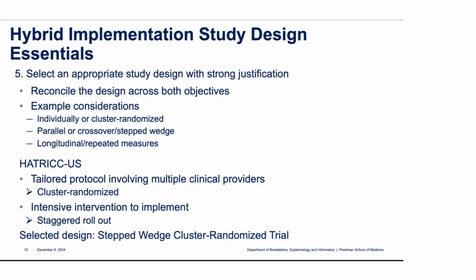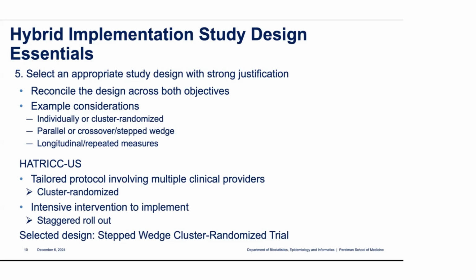In Hattrick US, the intervention is conceived at the practice level because there's a number of staff that are involved and need to be trained to adopt this protocol. So it doesn't really make sense to consider it being randomized at the handoff level, which is the lower level in that study.